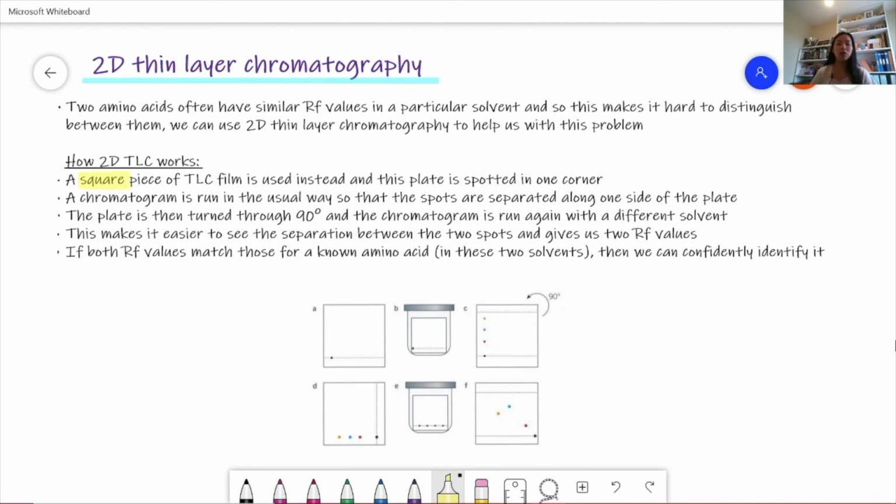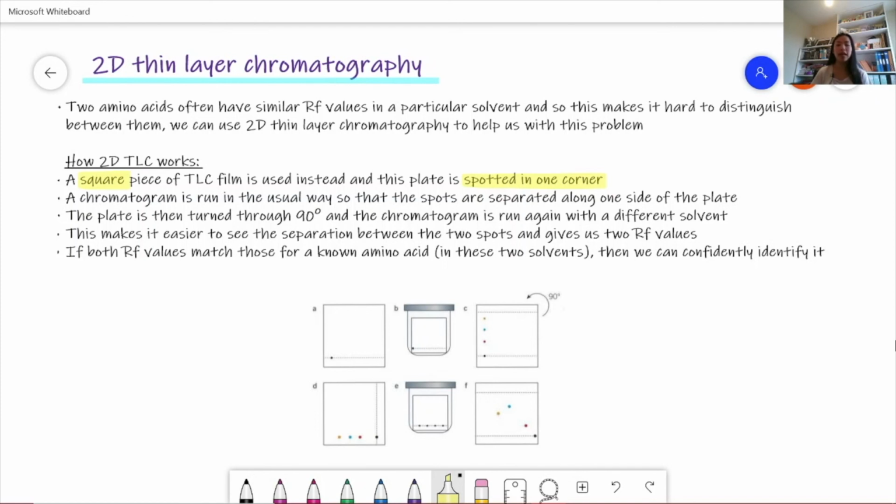And it's spotted in one corner. So we drop one amino acid, so the amino acid which has similar RF values to another one, we spot one of them in the corner. And so say we have 2 amino acids which have similar RF values from thin layer chromatography. Then what we would do would be to run 2D thin layer chromatography with both of them separately.